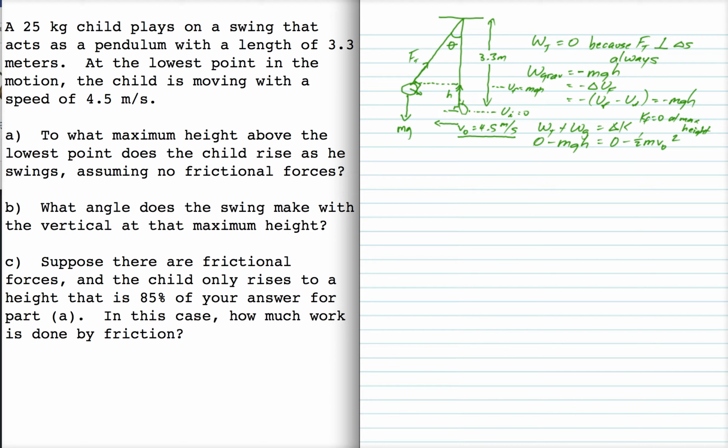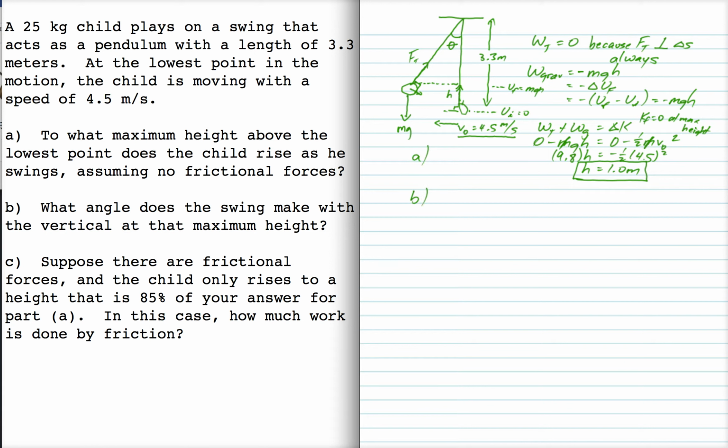The child reaches the maximum height, and so the final velocity at that point is 0. And so we're left with minus mgh is equal to minus 1/2 m v0 squared. The m cancels, fortunately, and so I get 9.8h is equal to 1/2 times 4.5 squared, and h is equal to 1.0 meters. So there's the maximum height reached by the child. That's part A.